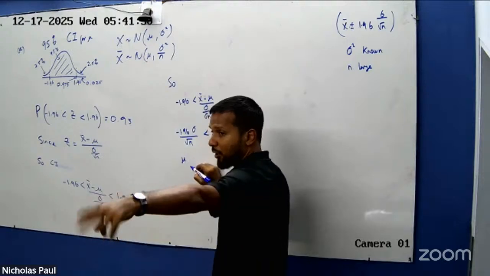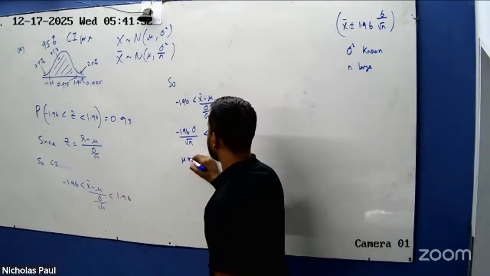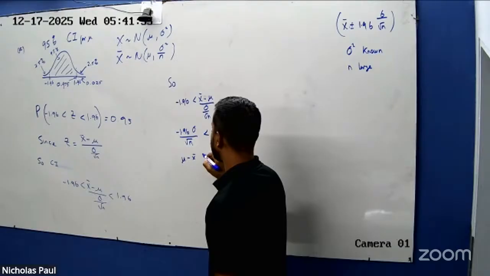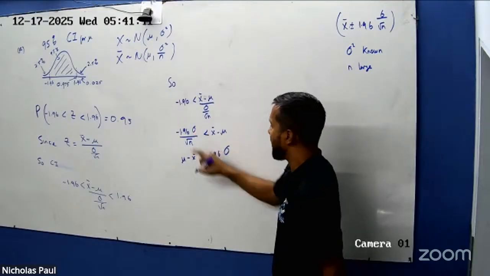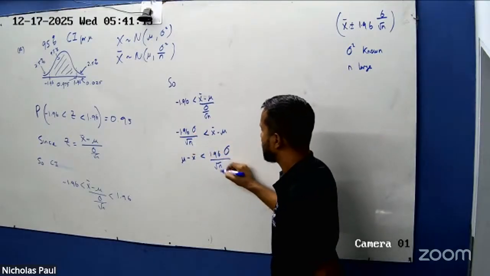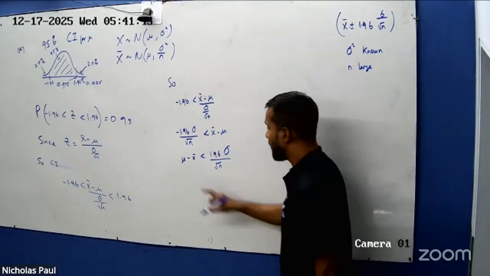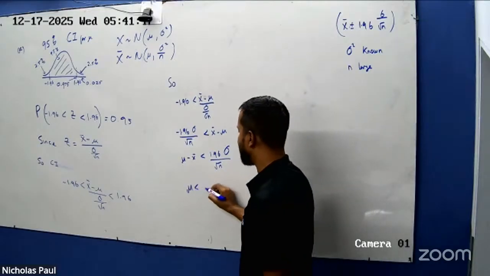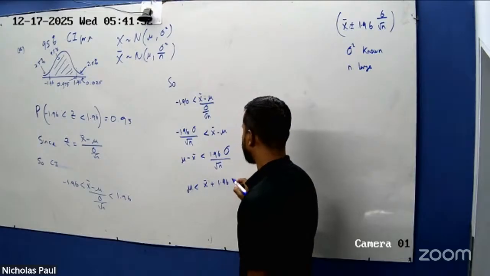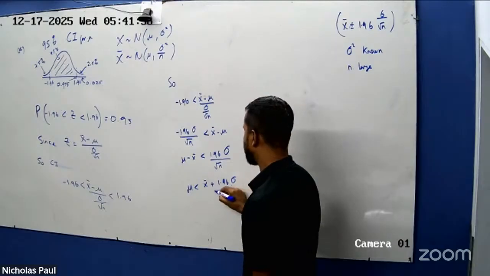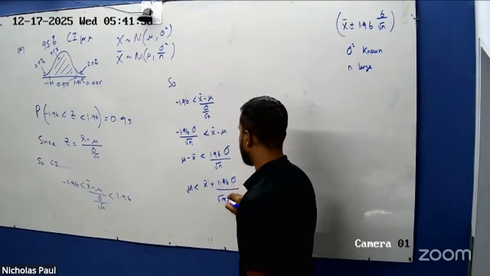Mu minus X bar is less than 1.96 sigma all over root n. So now we have mu is less than X bar plus 1.96 sigma all over root n.